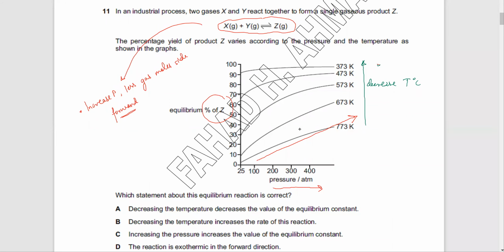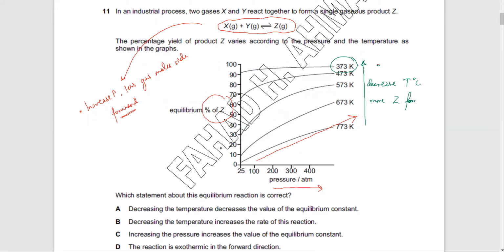Your temperature is decreasing. But what's happening to the amount of Z? If you have a lower temperature, 373 kelvins, then the amount of Z is almost 100%. And if you have a higher temperature, the amount of Z is much less. So if you decrease temperature, more Z is formed.